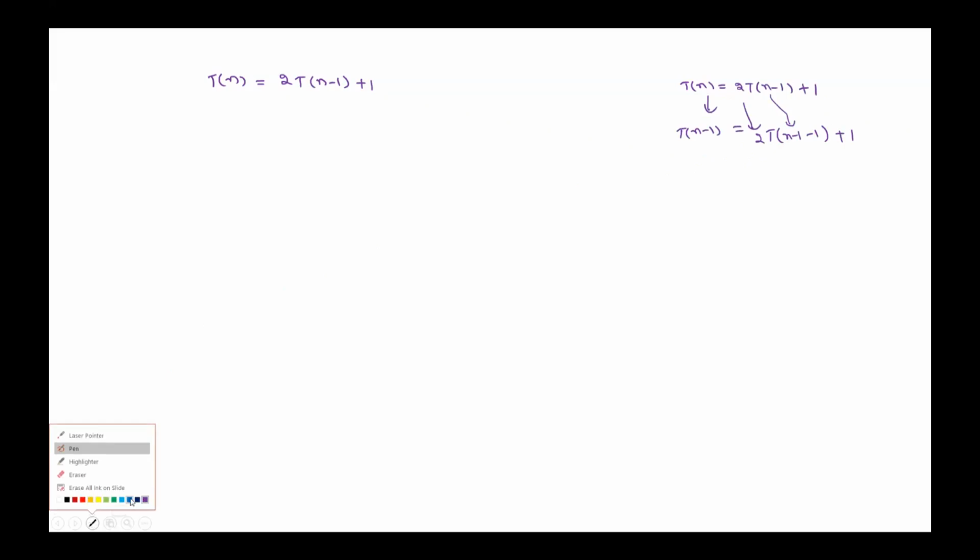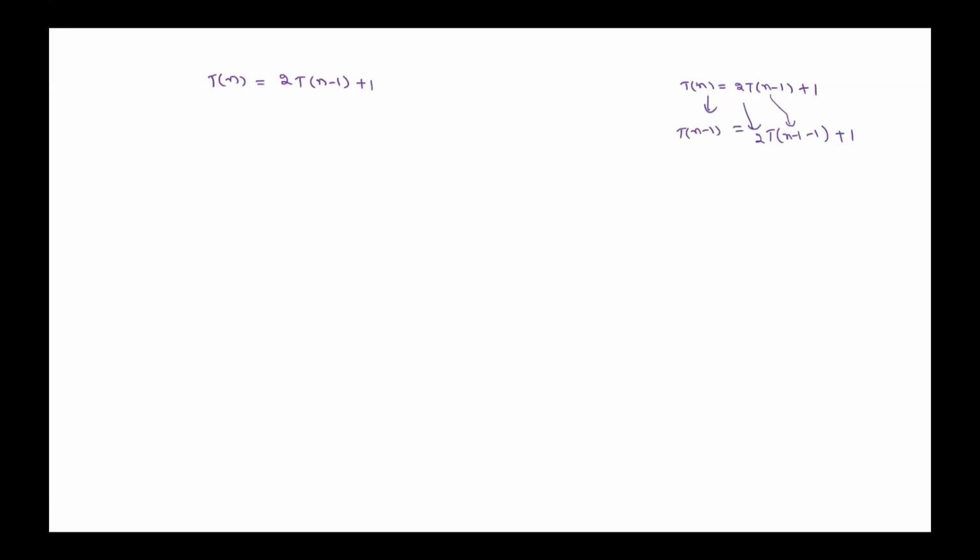Substitution method. T of n is 2 times T of n minus 1 plus 1. Now tell me what is T of n minus 1? Wherever n is there, you substitute n minus 1. T of n minus 1 is 2 times T of n minus 2 plus 1.